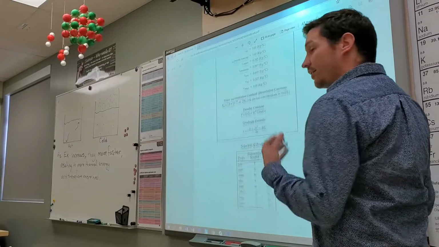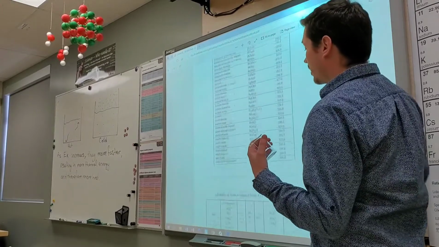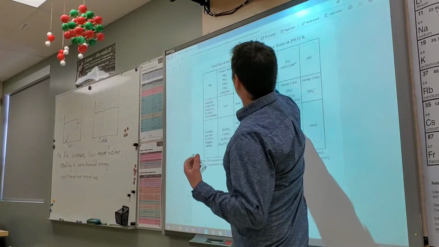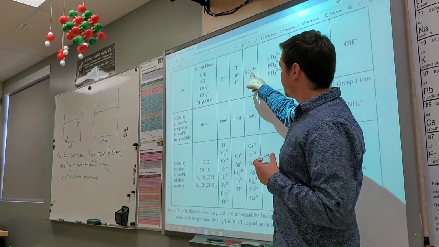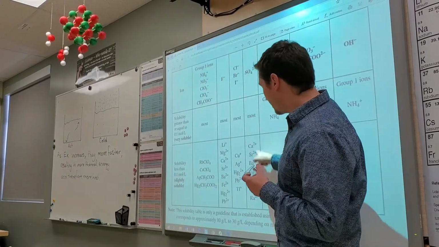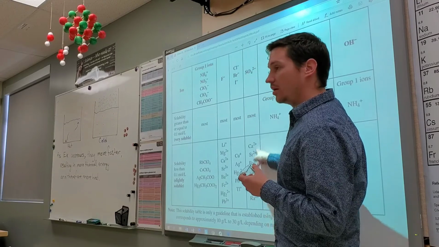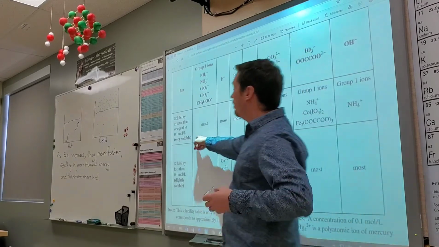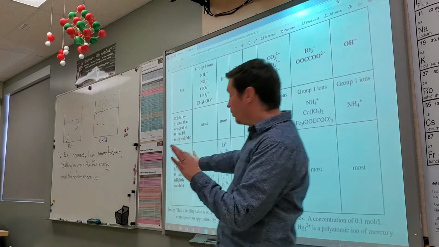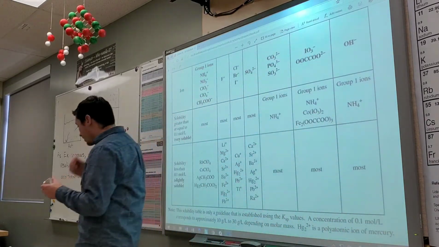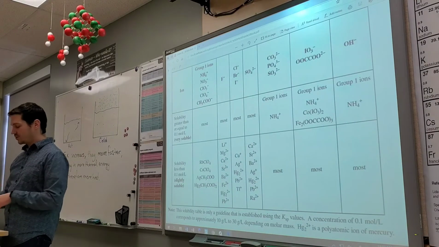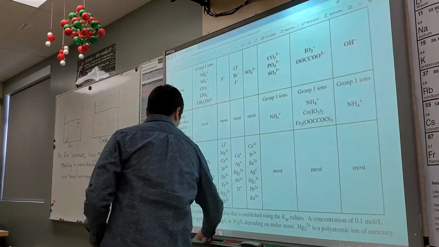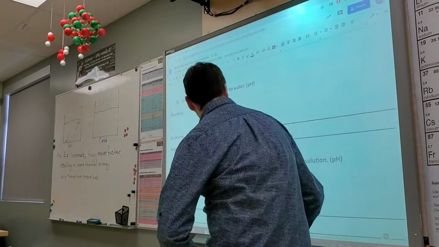Iron-3 sulfate is an ionic compound. I'm going to look under sulfate. Do you see iron-3 down here? No. So the mixture will mostly be soluble, and the iron-3 sulfate will dissociate. It will split up.